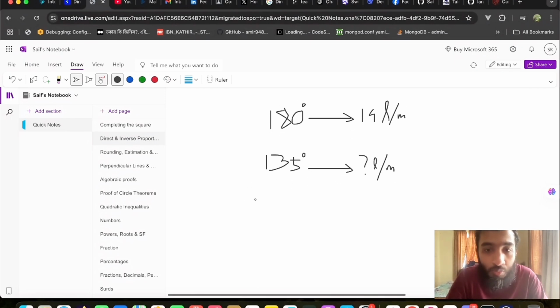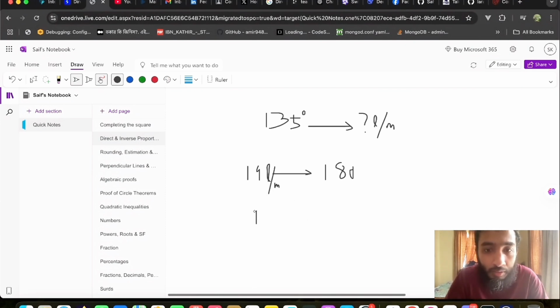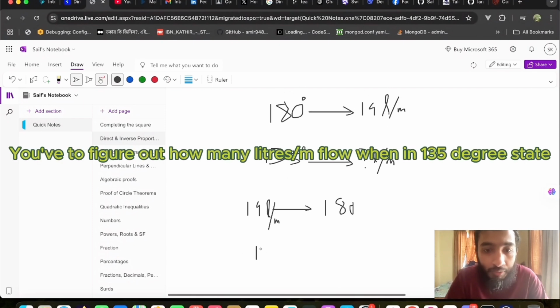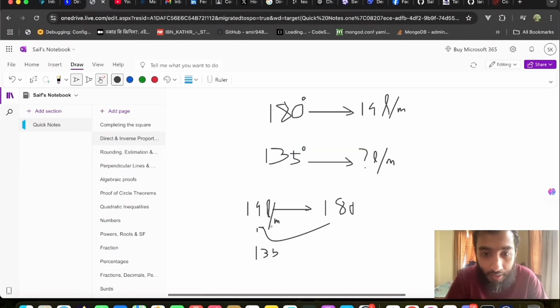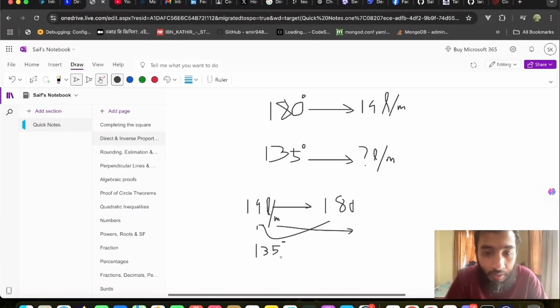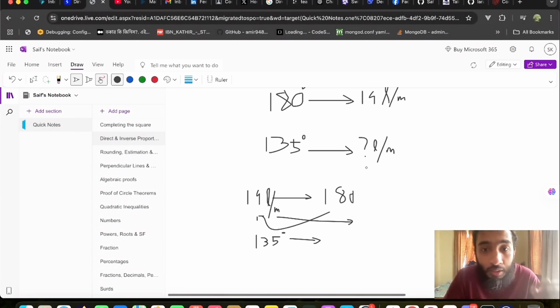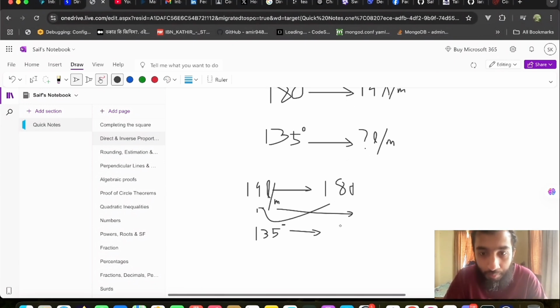So for 14 liters per minute flowing when the tap is turned on 180 degrees, for a 135-degree turn, if I use the unitary method, what would it be?